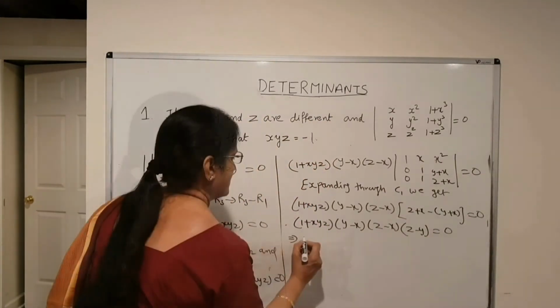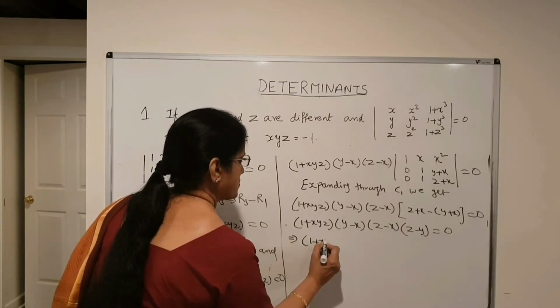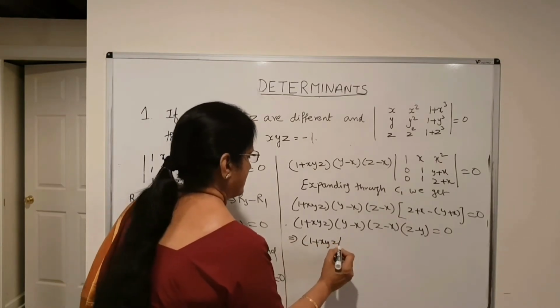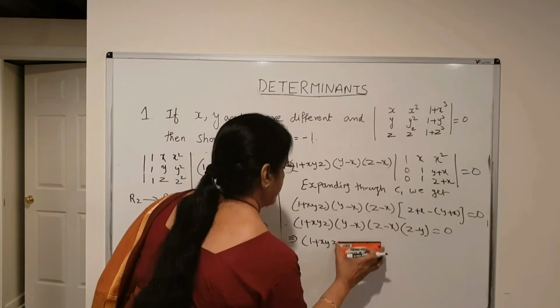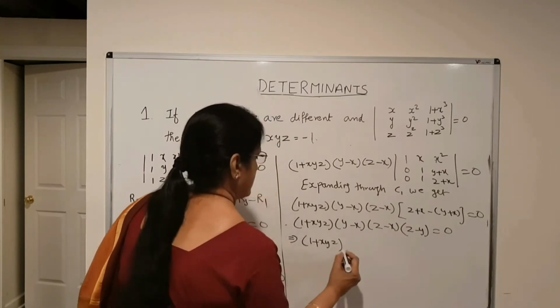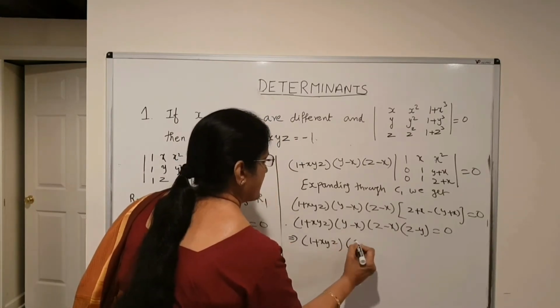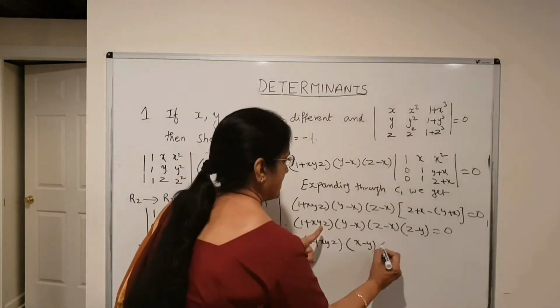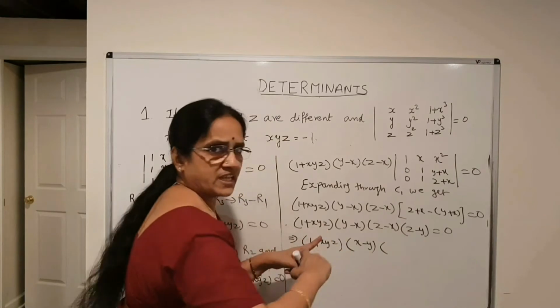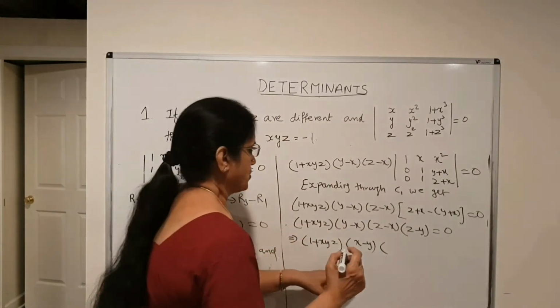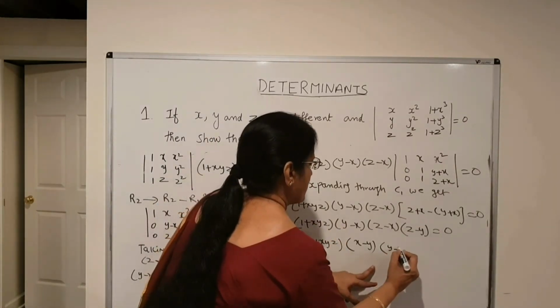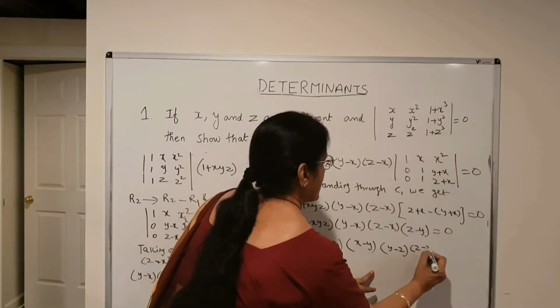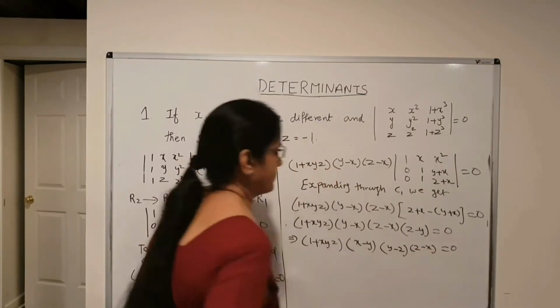Now, 1 plus xyz into x minus y, I am taking out one minus sign here. So minus into minus plus. So x minus y, y minus z into z minus x equal to 0.